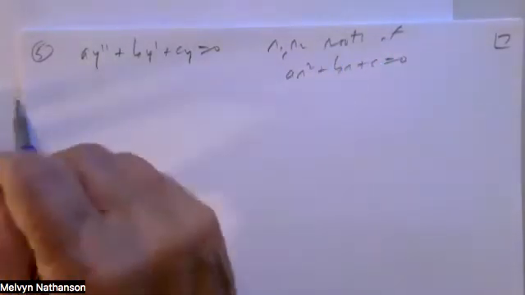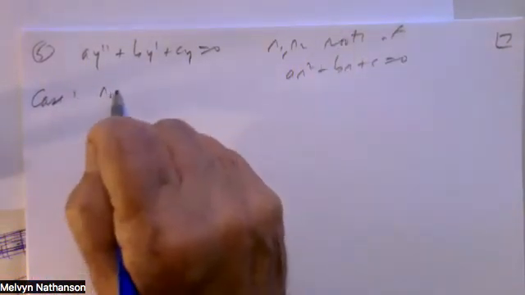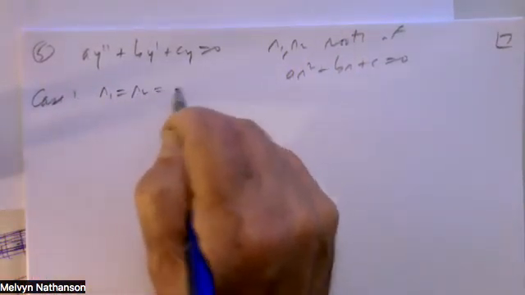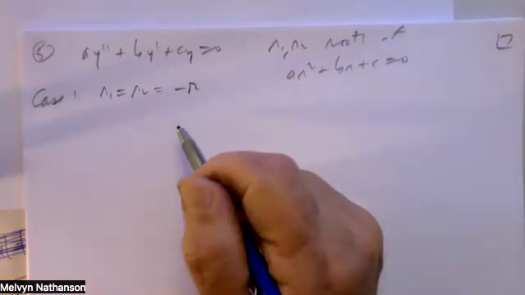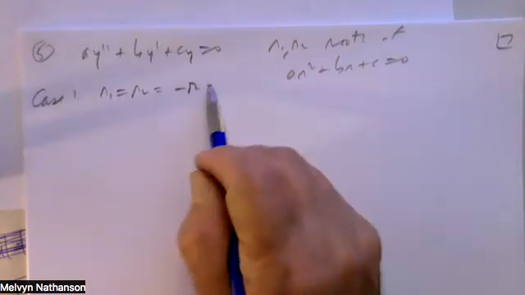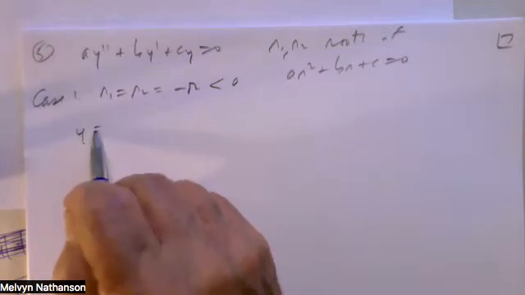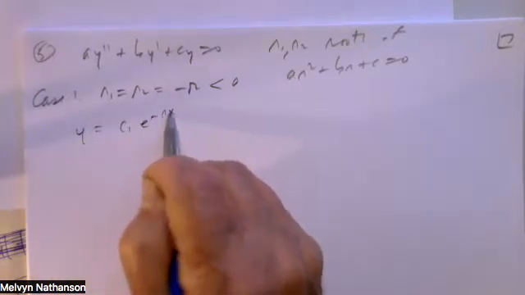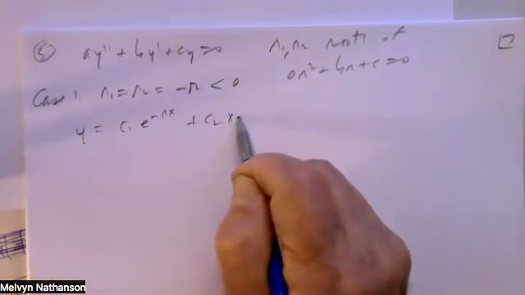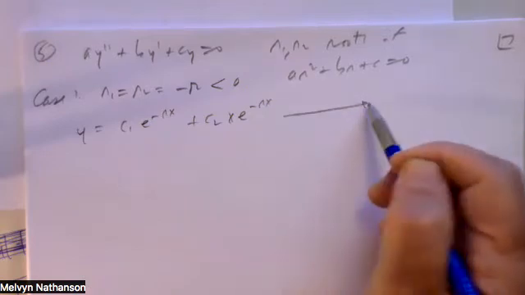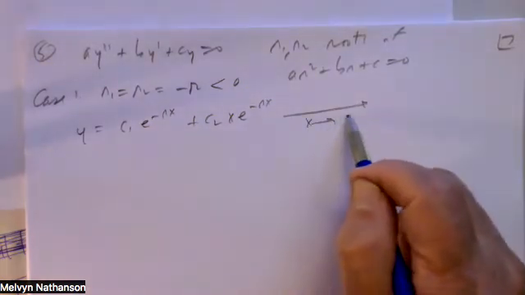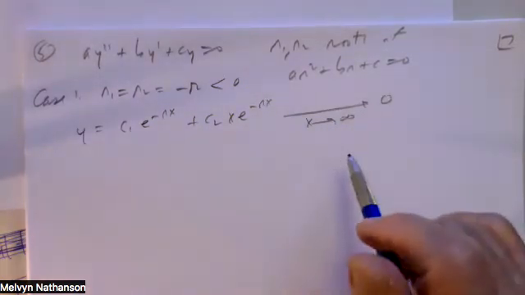So in the first case, we're considering r1 equals r2 is some negative number. It's a repeated negative root. And we have the general solution is c1 e to the minus rx plus c2x e to the minus rx. And the limit of this as x goes to infinity is 0.